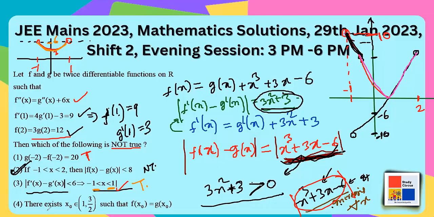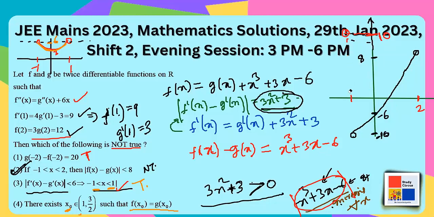And let's see the fourth one. There exists some x naught between 1 to 3 by 2 such that fx is equal to gx, right? Fx is equal to gx, that means this thing again has to be 0. And we saw from the graph here, fx minus gx is x cube plus 3x minus 6.